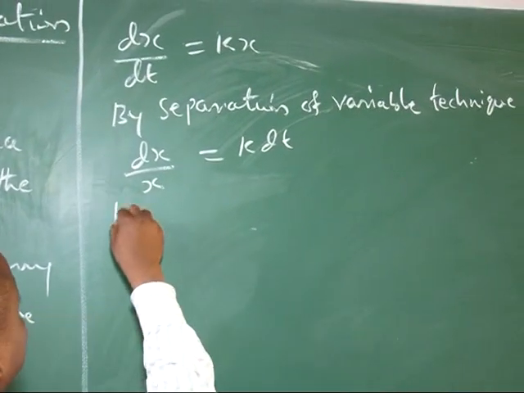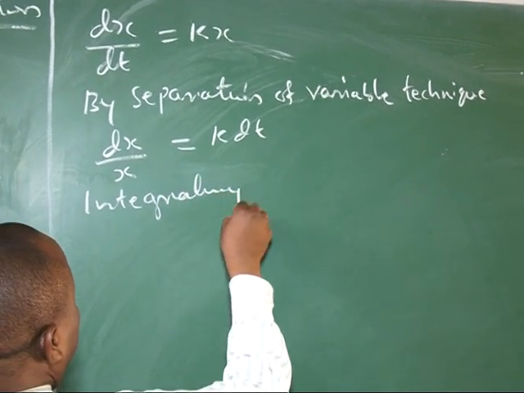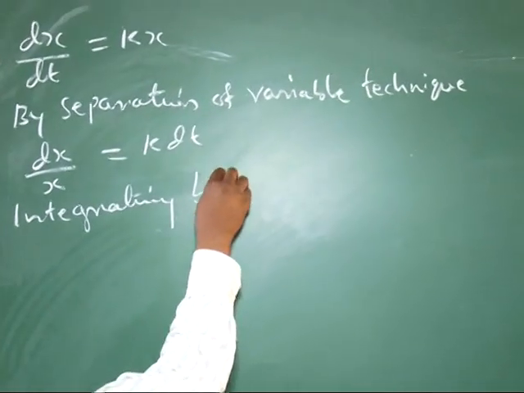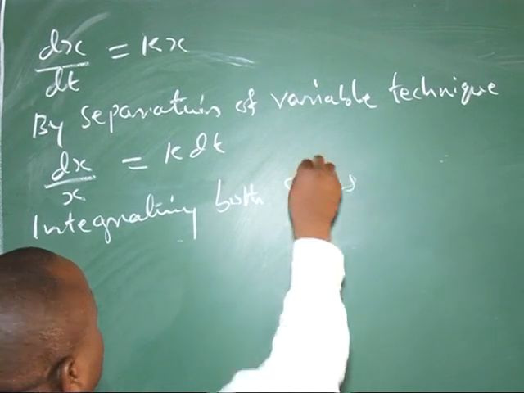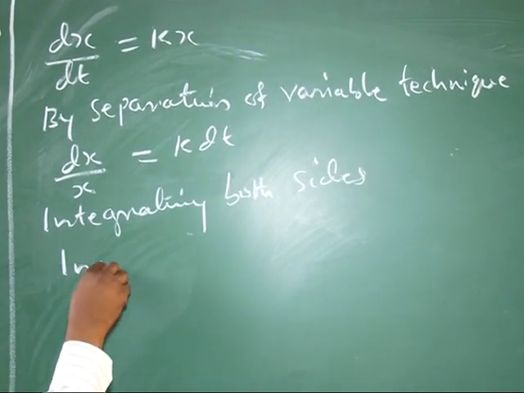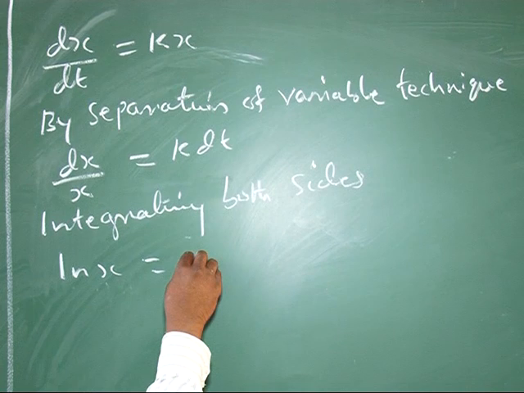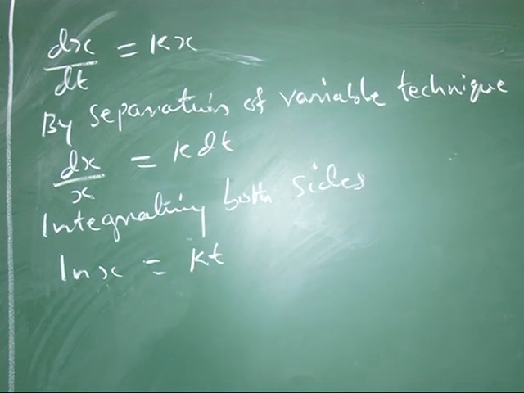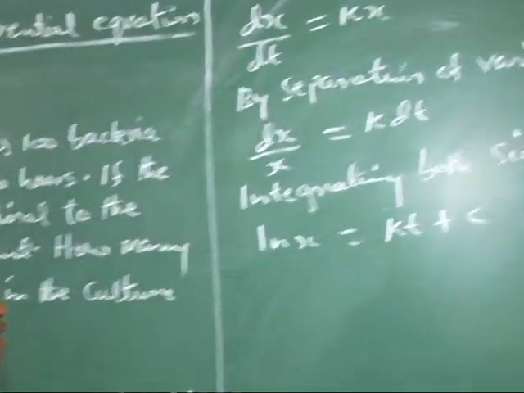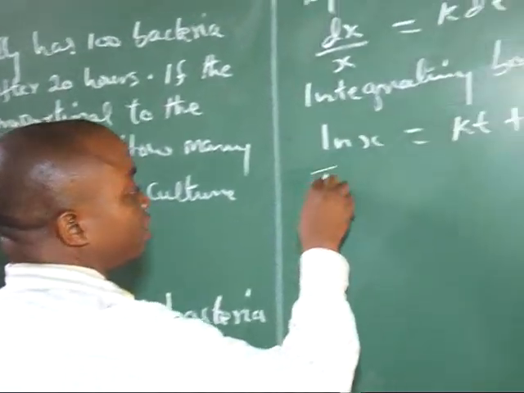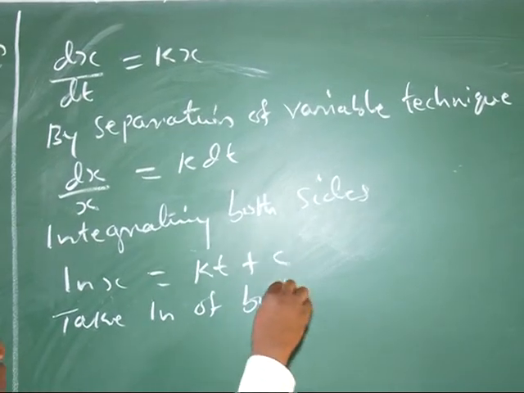Right. Now integrating both sides, we'll have ln x equal to kt plus c. Now if we have that, we can take the exponential of both sides.